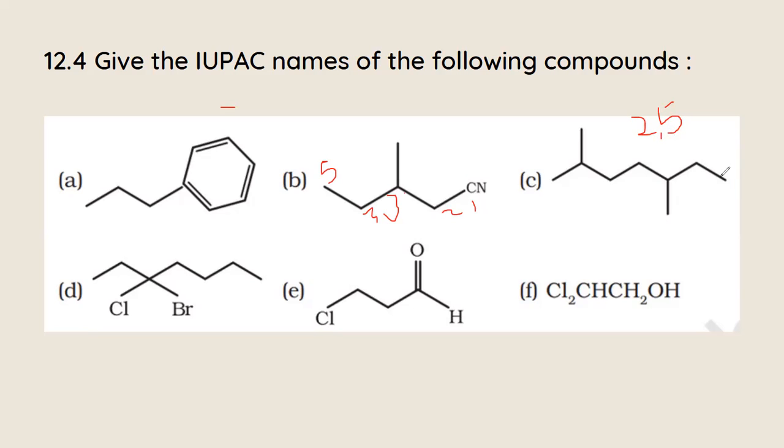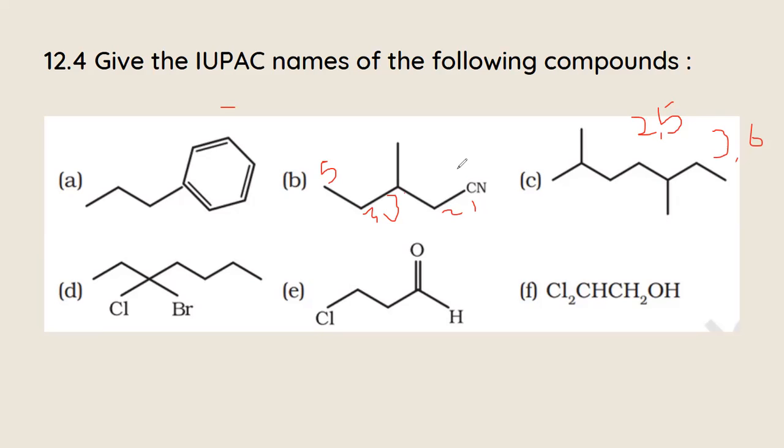If we go from the other side, you have it at the third and the sixth position. Based on the first point of difference rule, 2 is smaller than 3. Since it has 7 carbon atoms, it's a heptane. So the name of the compound becomes 2,5-dimethyl heptane.